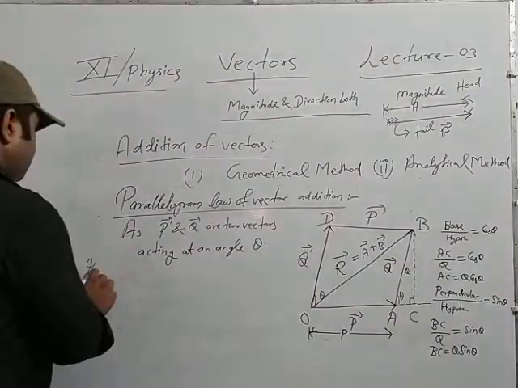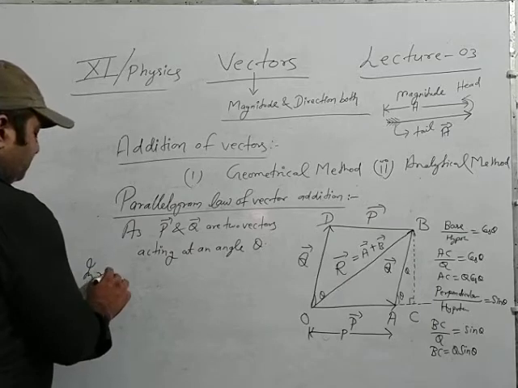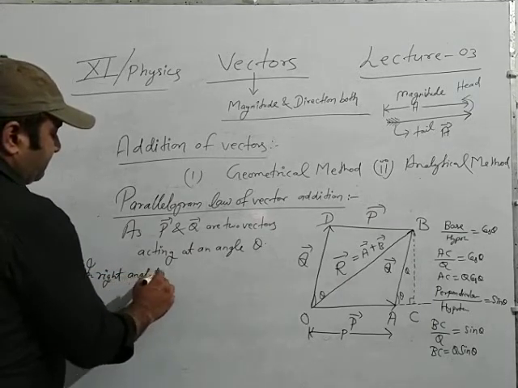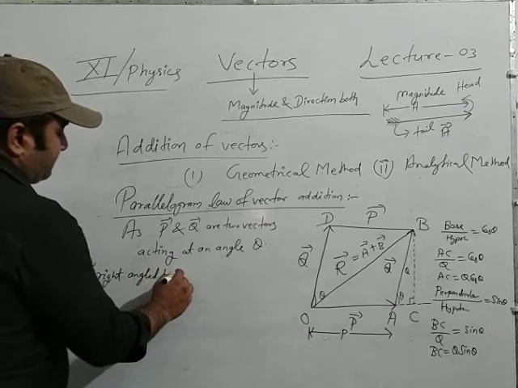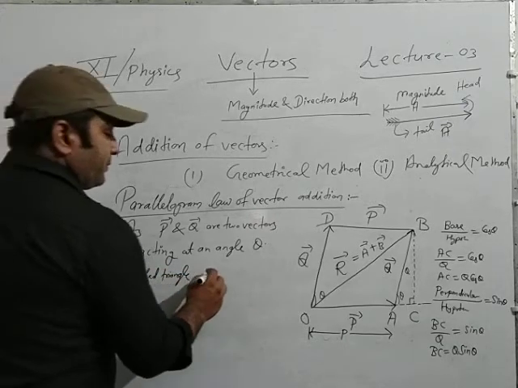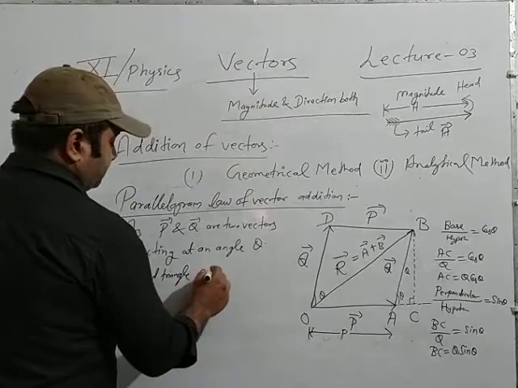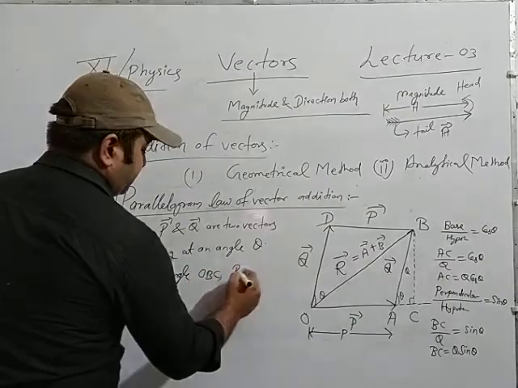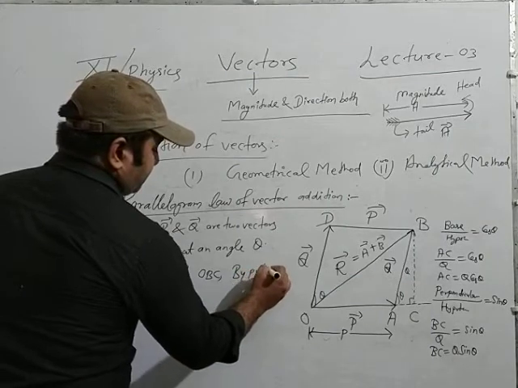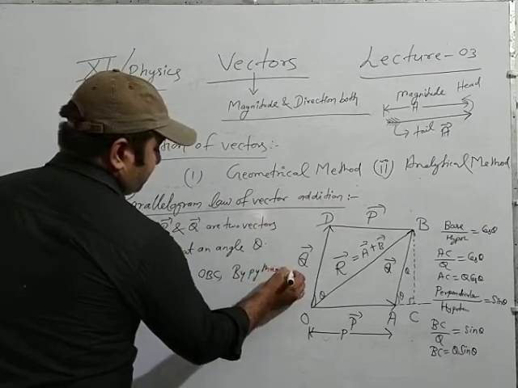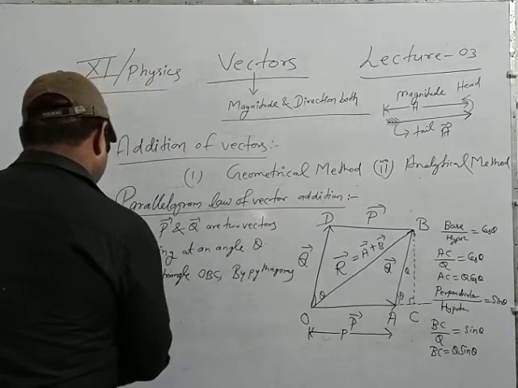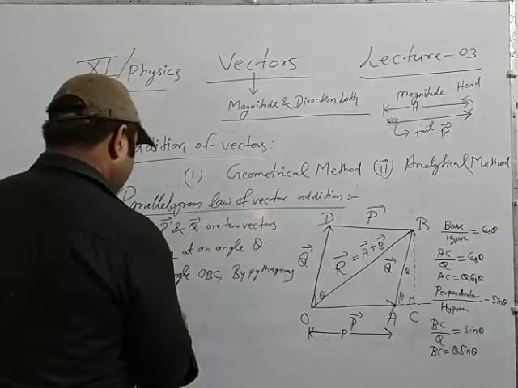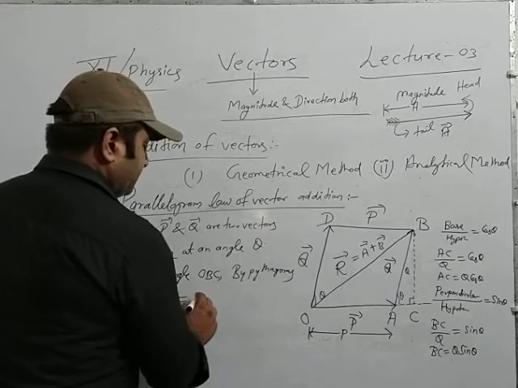In right angle triangle OBC, by Pythagoras theorem, OB square, that is hypotenuse square, is equal to what?